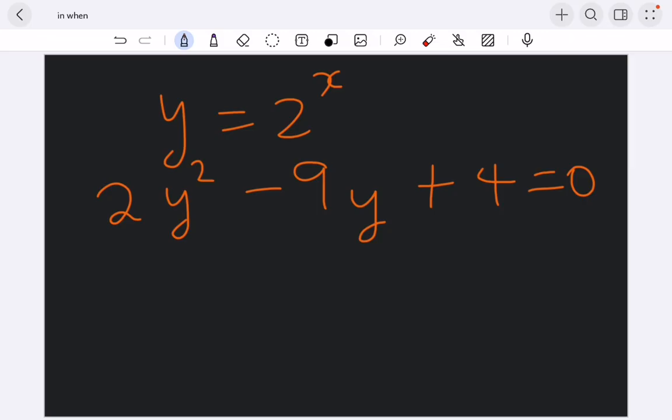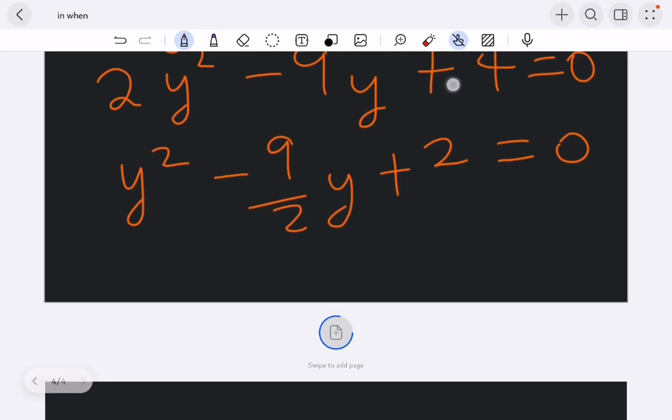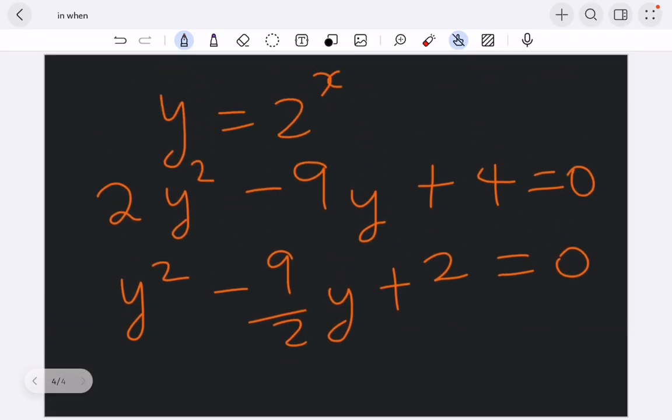You solve it the same way you solve your other equations. You divide everything by 2, then you get y squared minus 9 over 2 y plus 4 over 2, which is 2, is equal to 0. And just like this, you're done, because this is the equation we were dealing with earlier on.